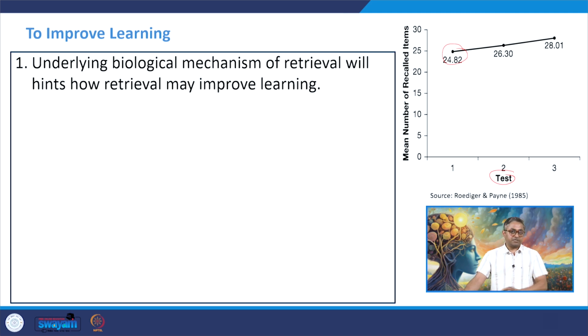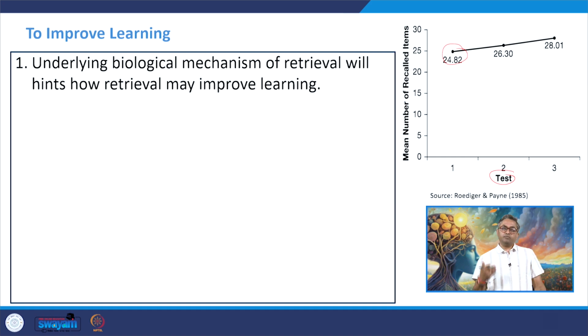This repeated test procedure can be seen as repeated retrieval. So with repeated retrieval trials, how does it improve the learning process? More and more retrieval happens, and each retrieval can be associated with each test.